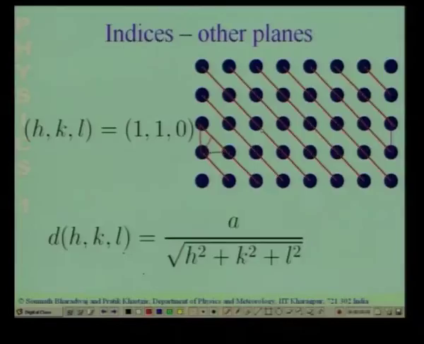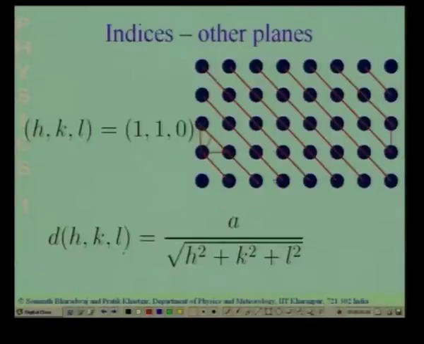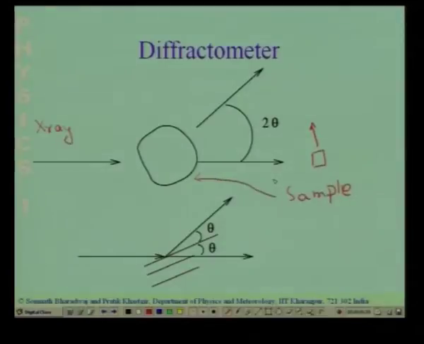Now, let us see what is the relation between the angle over there and this theta, the grazing angle made with the planes inside the crystal. So, this sample is a crystal, and inside the crystal we can draw planes.